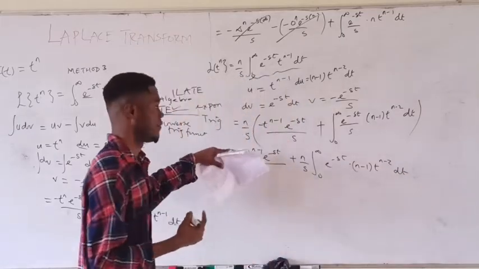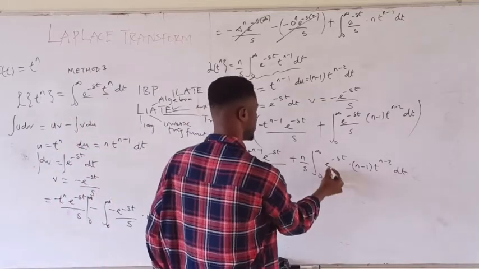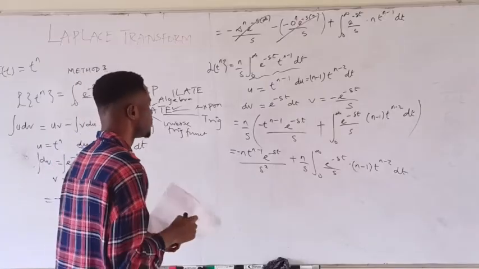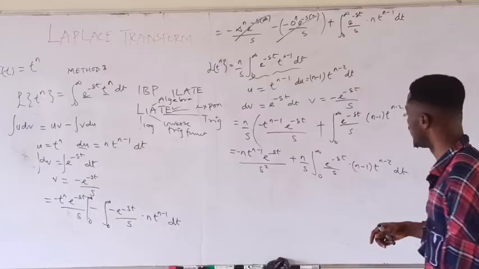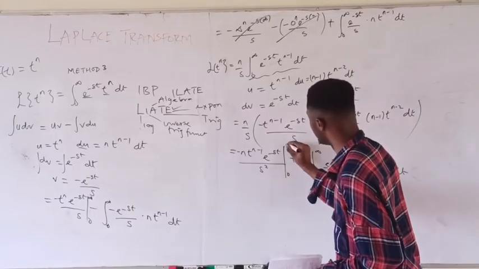So this is what we have if I expand these brackets, right? Alright, so now let's plug in the value of our limit again on this function from 0 to infinity.